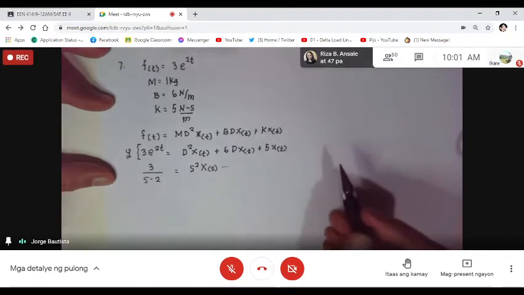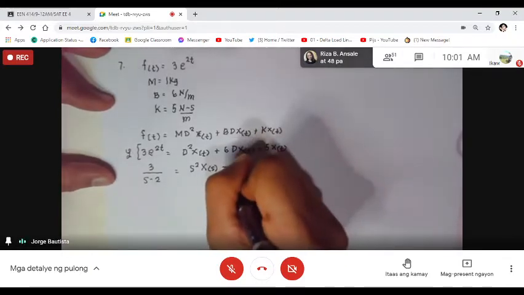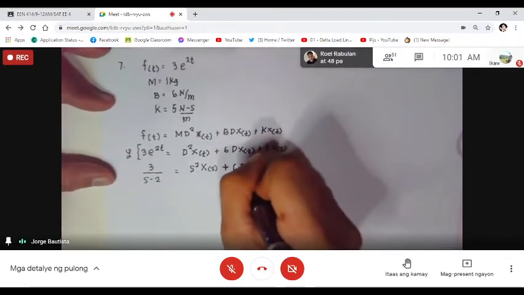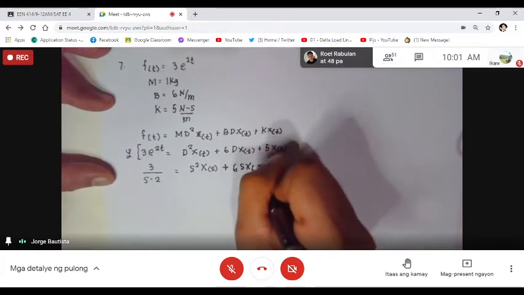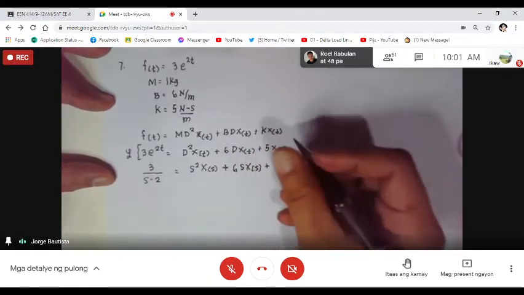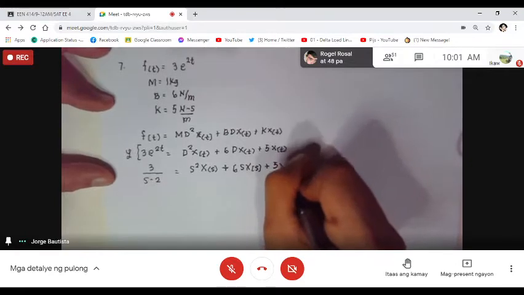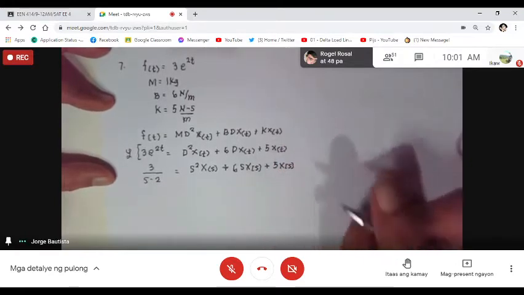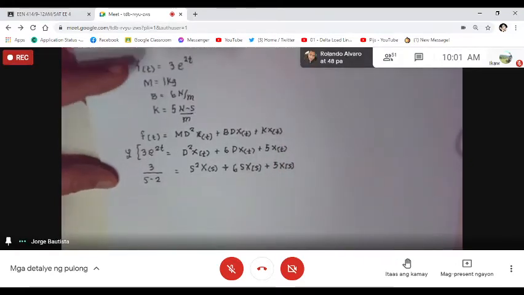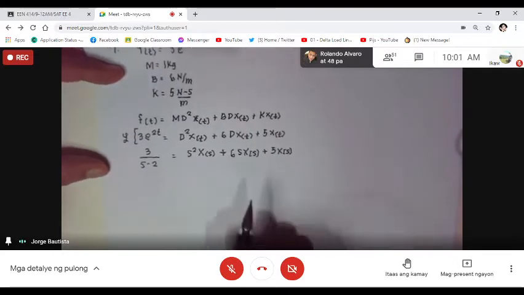So cancel na yun kasi that is 0, no? Plus 6 s x sub s plus 5 x sub s. Okay? So ang output natin is x sub s, di ba?